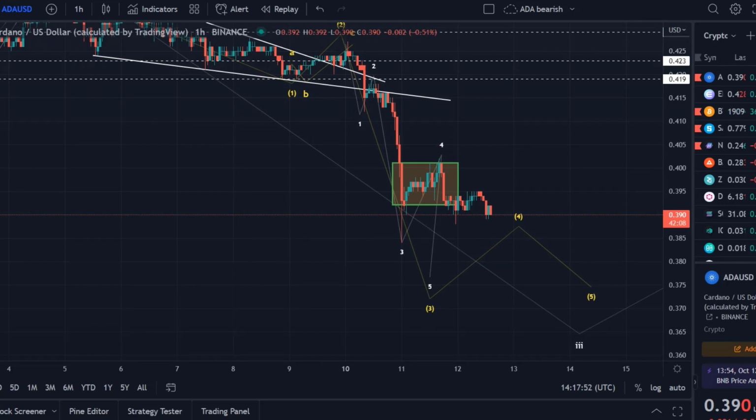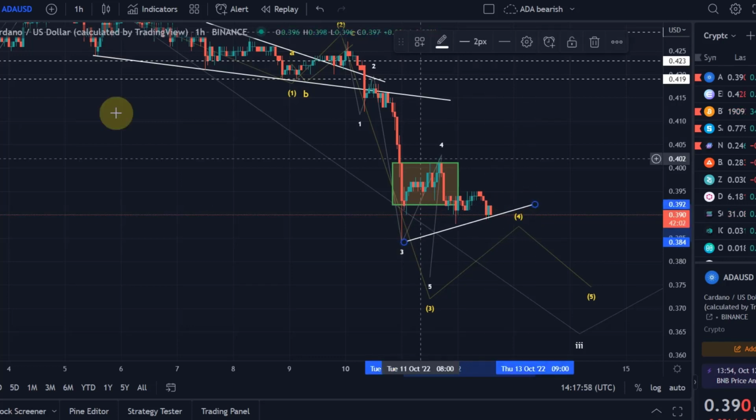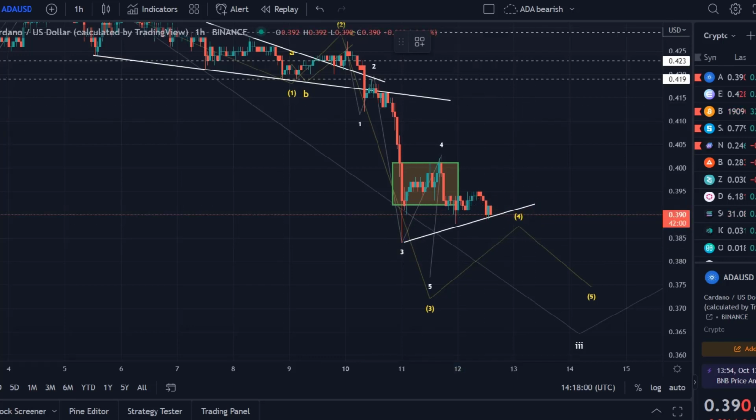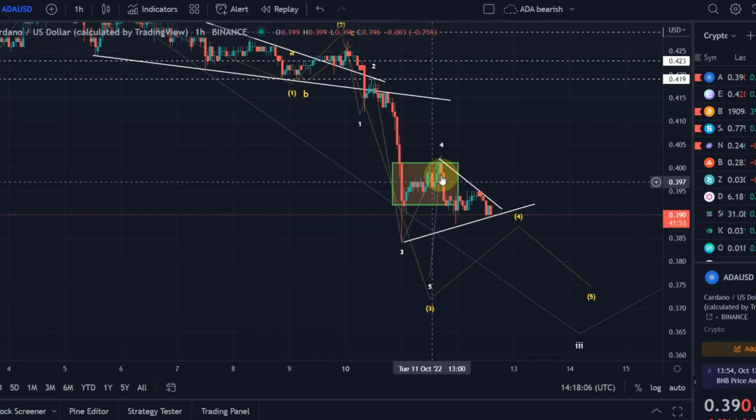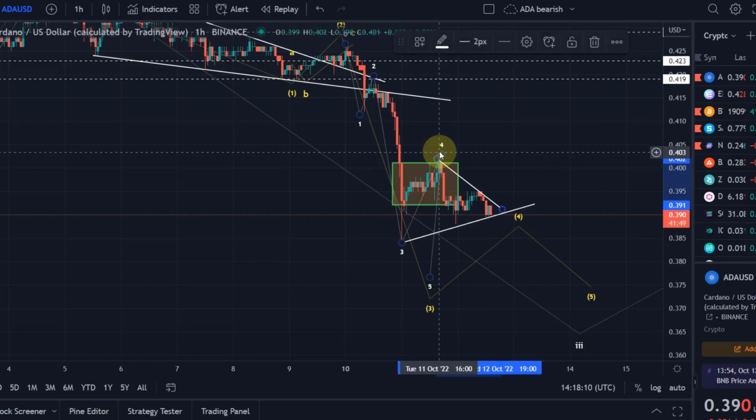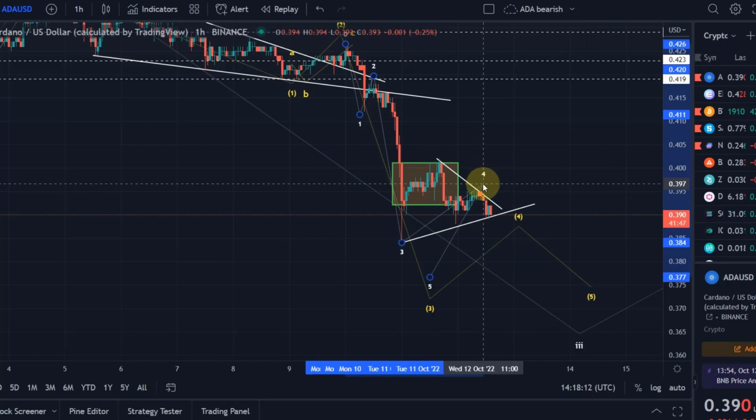You never know with these triangles, they can expand further. So first of all, if we just draw a trend line, we can see that this looks just like a contracting triangle. But not only that, also the Elliott wave count suggests that this could be a triangle. And these triangles, they often occur in a fourth wave. And this is looking like a fourth wave, okay?